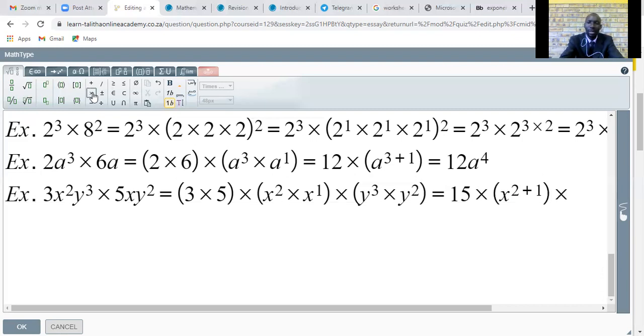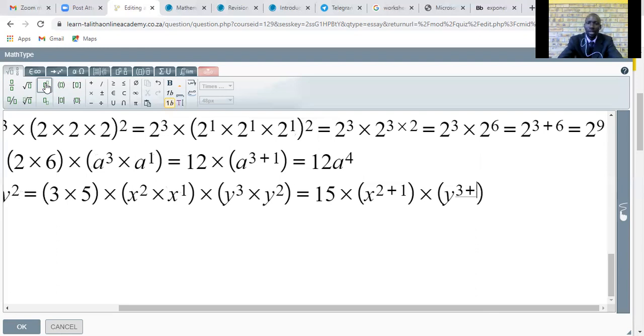From the brackets of Y, we have Y. The first Y value has an exponent of 3. Now we add this to the other exponent, which is the next exponent for Y, 2. What do we get from this?